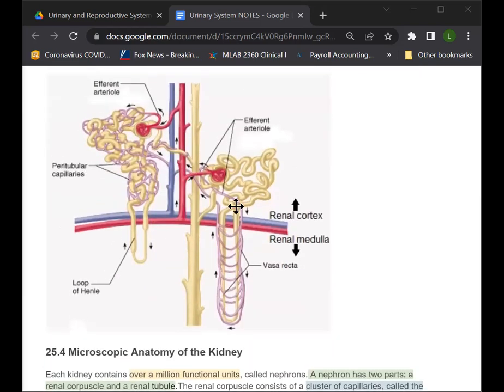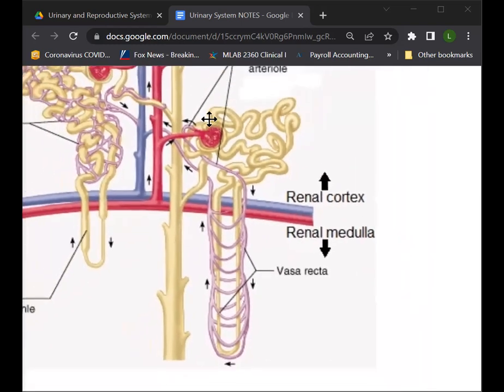Okay, right, this is a good diagram showing the different parts of the blood flow. So this in green is going to be the afferent arteriole. This red ball is the glomerulus, the capillary. And then exiting the glomerulus is the efferent arteriole. And you can see that as it goes towards the efferent arteriole then starts to form vasa recta.